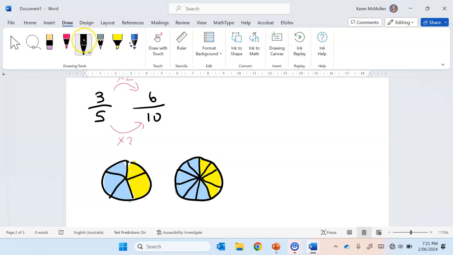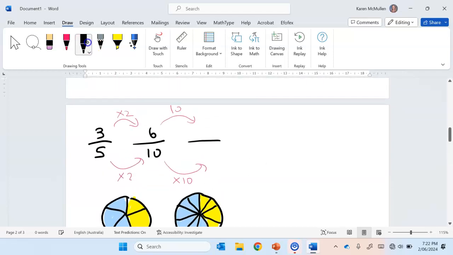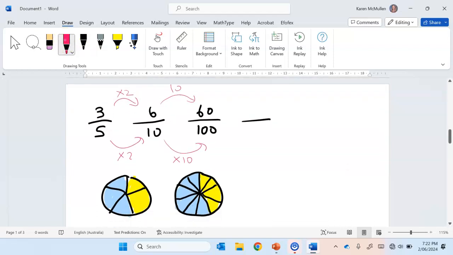Now, to make more equivalent fractions, I can multiply the bottom by whatever number I like. I don't have to keep doubling. I could make it 10. All right, but whatever I do to the bottom, you just have to remember to do to the top. So 10 times 10 is 100, 6 times 10 is 60. And you could change any of them. So I could go back to the 3/5, let's go all the way over here, and let's multiply it by 12.